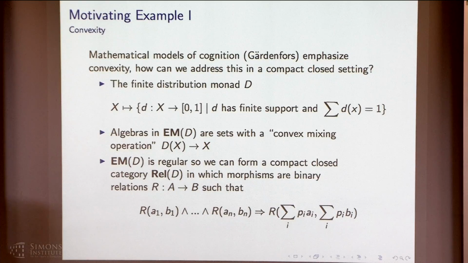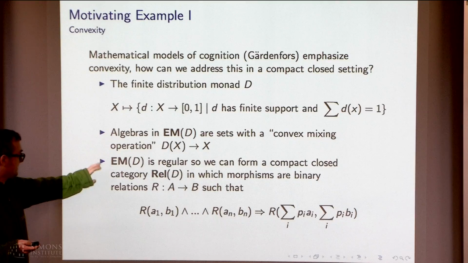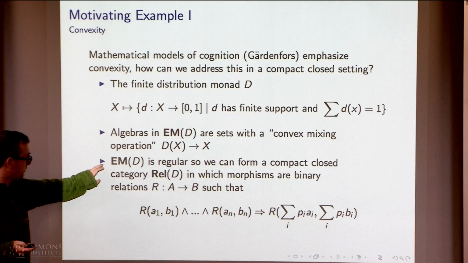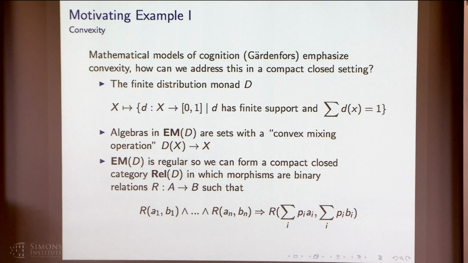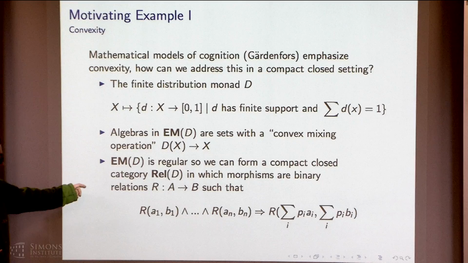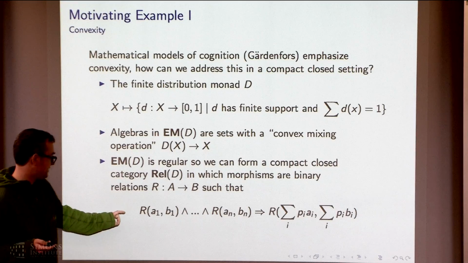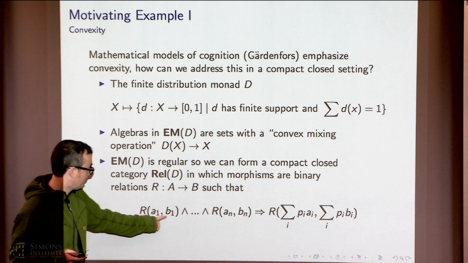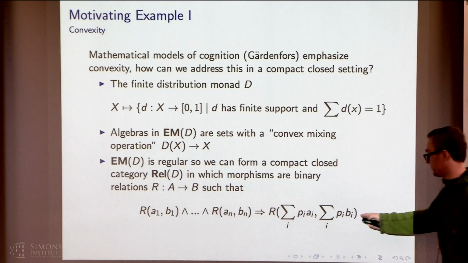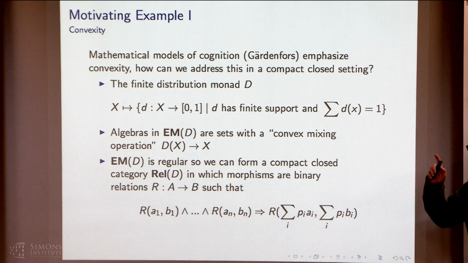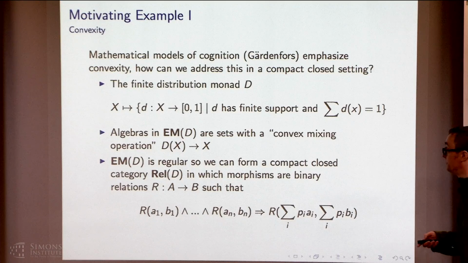So it gives us a way of talking about convexity. And a standard fact is that these Eilenberg-Moore categories over set are going to be regular, so we can form the category of relations on those things. And that's going to give us a compact closed category. Basically, the way that the relations work is if you have a whole load of related bits, then you can form the same convex mixture of both, and you're going to get a related thing. So relations respect forming convex mixtures.